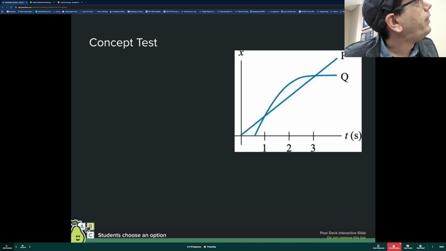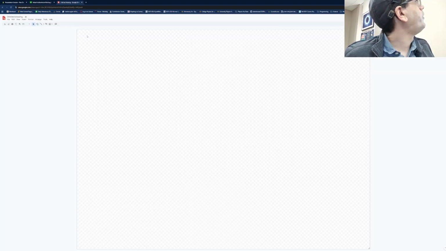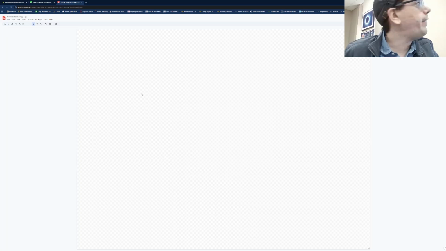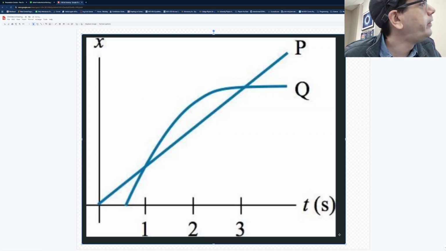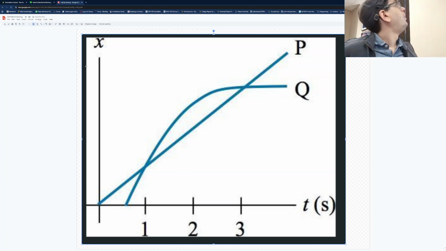Okay, so I'm going to put this graph over here on our Google Drawing so that I can draw the tangent lines in a way that shows up in the video. So, of course, P, just the line is the tangent line. It's already a line, so we don't have to worry about it.